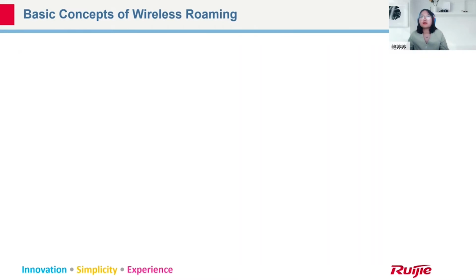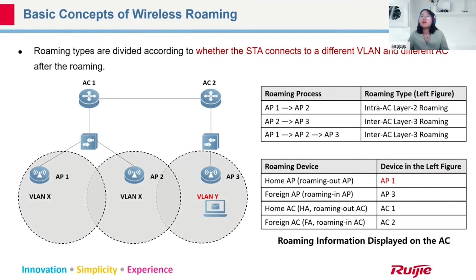In this scenario, going from AP1 to AP2 to AP3, this is inter-AC layer 3 roaming, and the roaming out AP is AP1. The foreign AP, the roaming in AP, is AP3, and the home AC is AC1, and the roaming in AC is AC2.